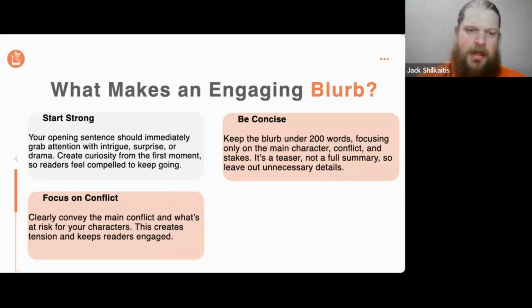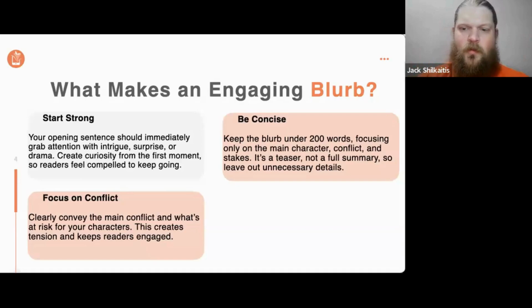But if you write romance, right, maybe we're talking a totally different genre, there's still conflict, there's still risk. What's at stake for your characters? Even if it's not literally like their life is at risk, right? That sort of thing.